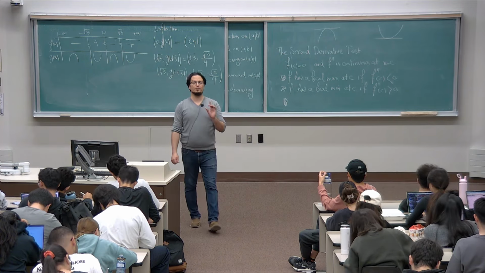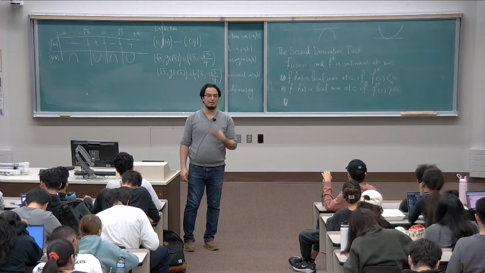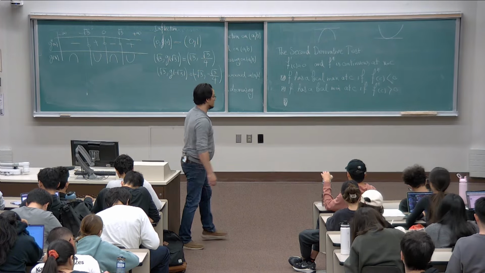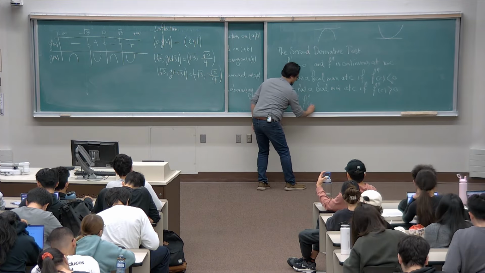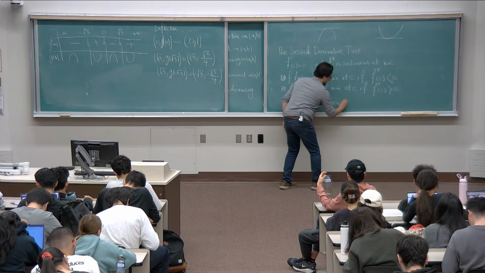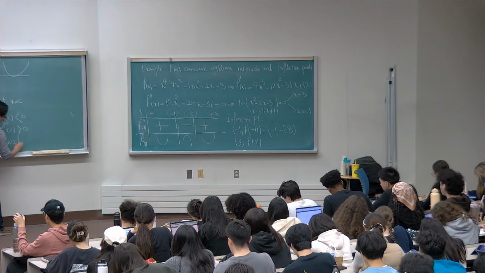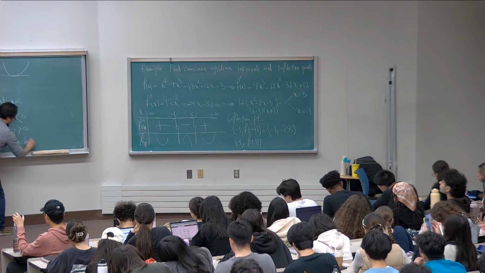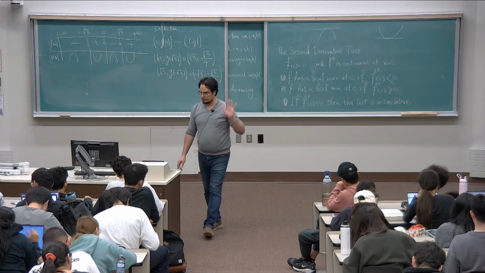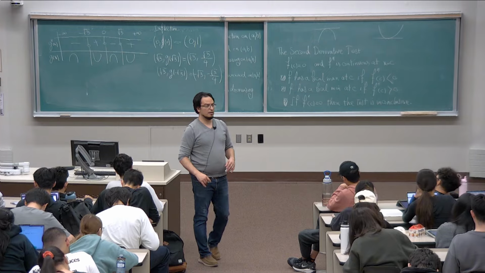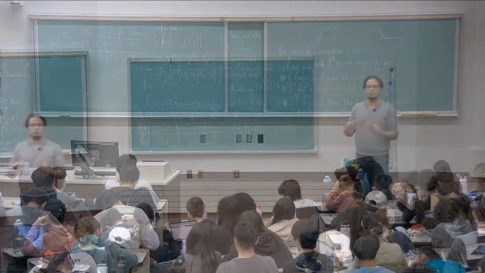If f double prime is 0, then our test is not going to give us any meaningful result. In other words, if f double prime is 0, then the test is inconclusive. So you have to be very careful. When f double prime is 0, the test didn't work. We cannot say anything. It doesn't mean it's not a local max. It doesn't mean it is not a local min. Our test is not working in that case.